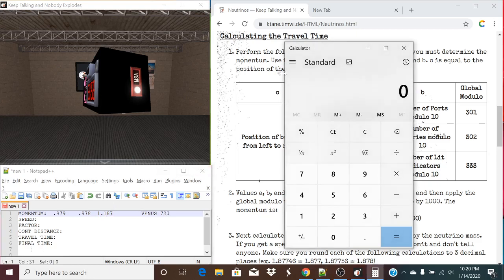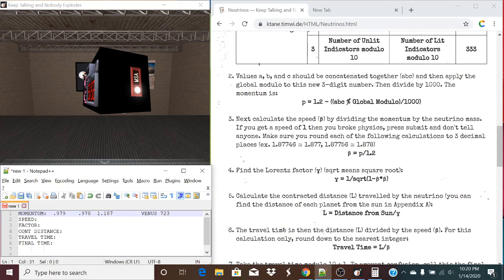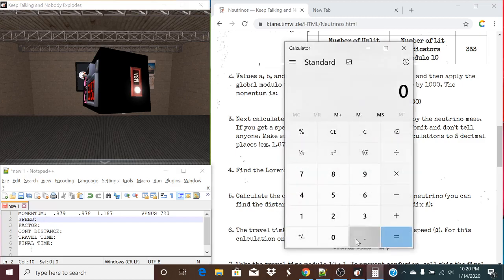Alright, and that's our momentum. So now we're going to divide each of them by 1.2 to get our speed. So a 0.979 divided by 1.2 is an 816 because we're rounding up now. It's a 0.816.